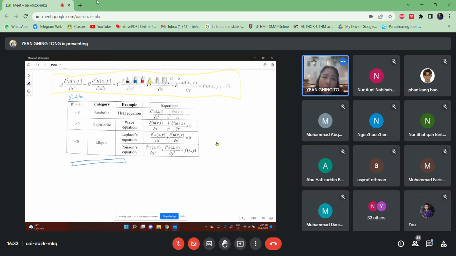Let me put some fire here. Let's say this one is T, the temperature. It starts from a temperature here, and we want to know the temperature over here, starting from here with a certain period of time. And it is given by an equation like this.